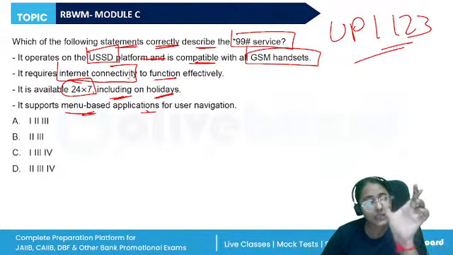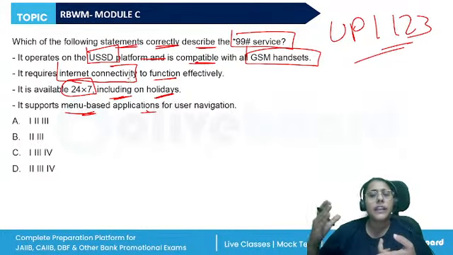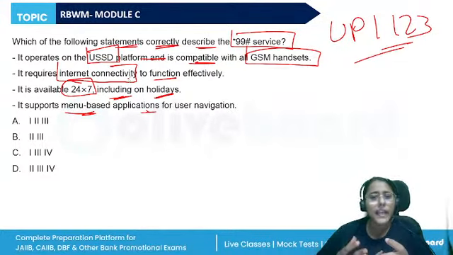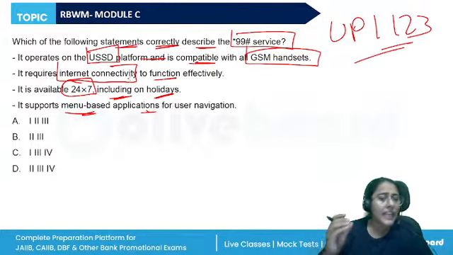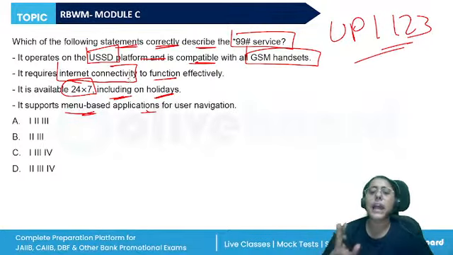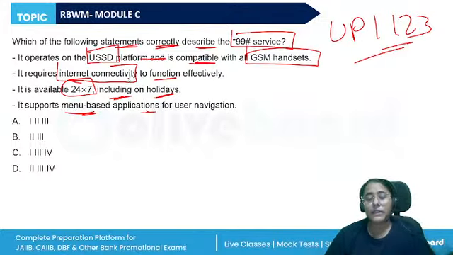And then a menu will be displayed. On the menu, various services will be there: sending money through mobile number or UPI ID, checking the account balance, checking the last five transactions, even seeing the status of my Aadhaar linking, the Pradhan Mantri Jan Dhan Yojana account. All of these things can be done using this feature.